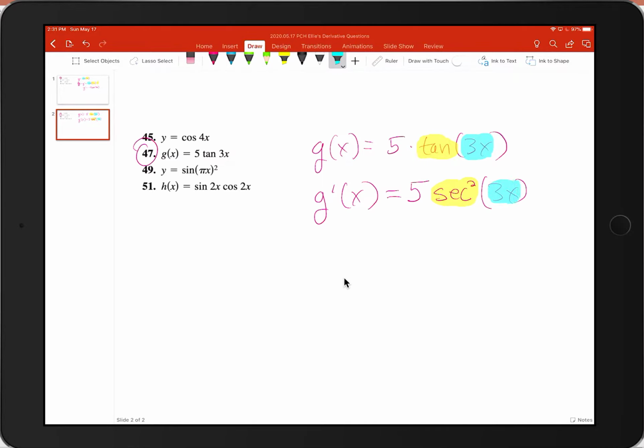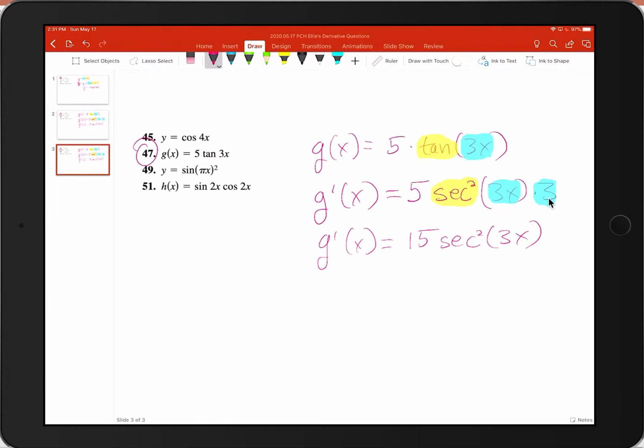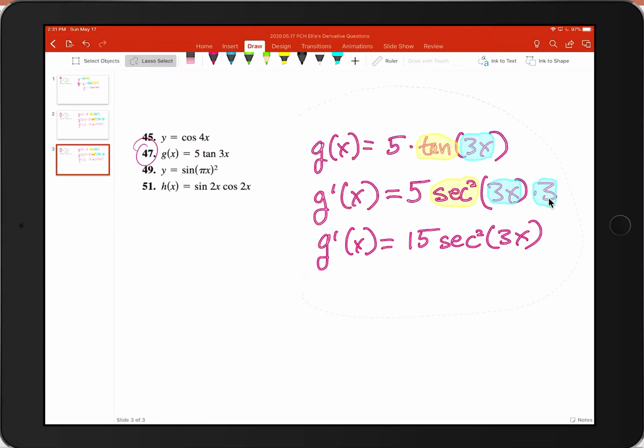And then we multiply times the derivative of the inside function, and the derivative of 3x is just 3. So g prime of x is 15, grouping together my constant factors, secant squared of 3x. And that's it. That's all we have to do. That's where we stop.